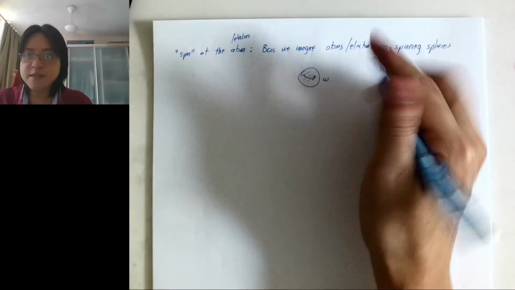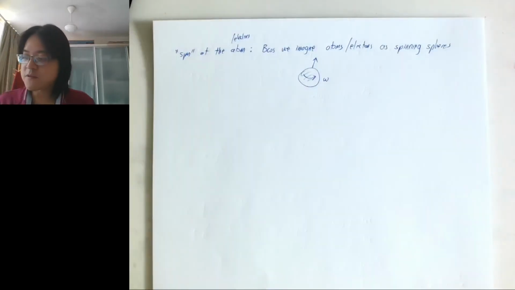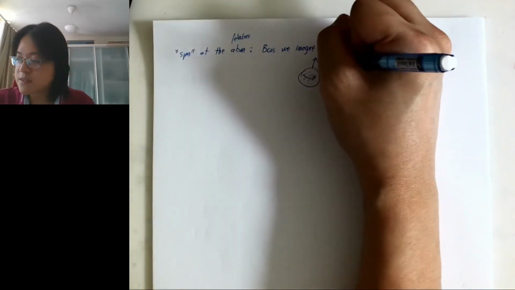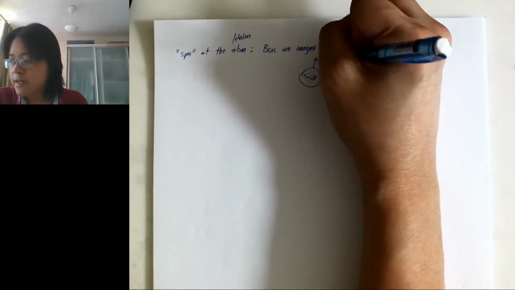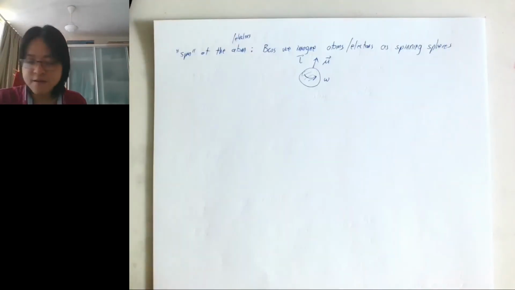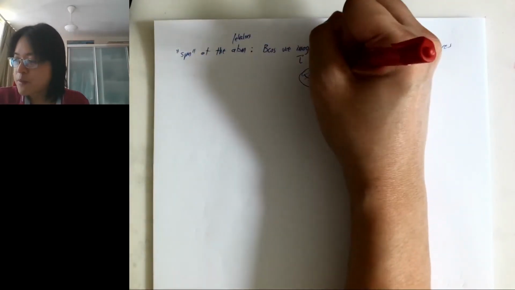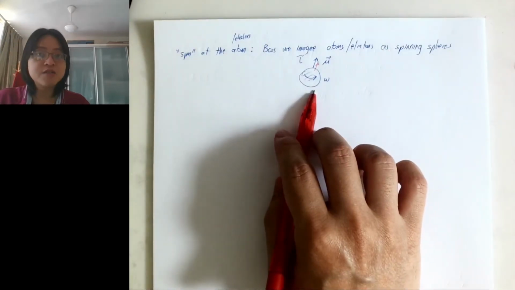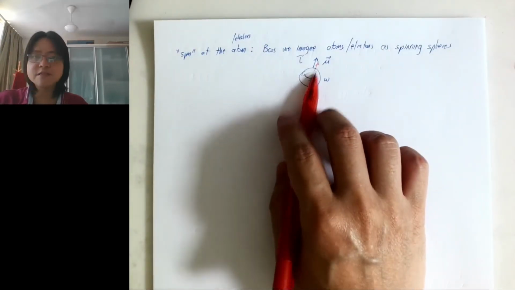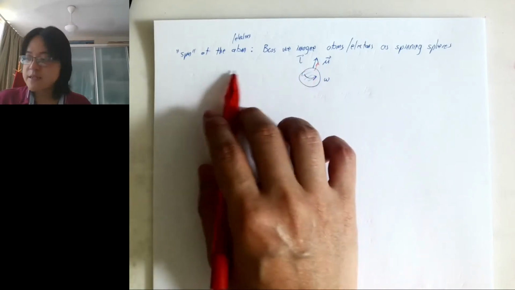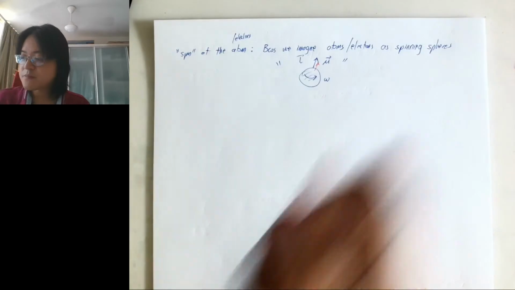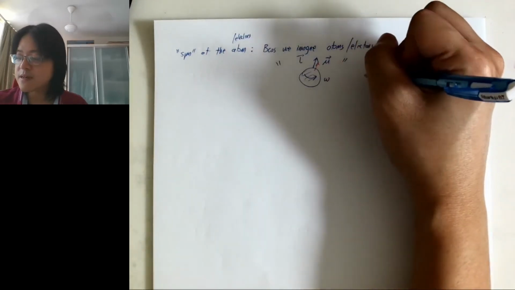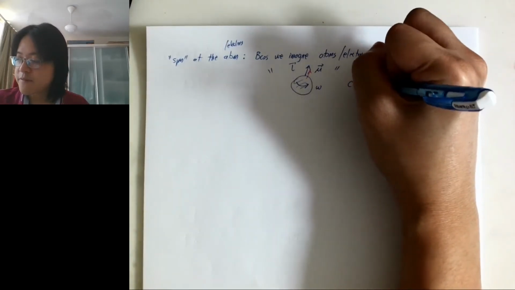Once it has spin, it's going to have some axis of rotation, and because of this axis of rotation, a spinning charged sphere will have a magnetic dipole moment. Electron carries charge, it will have this. Protons carry charge, they have this. But this is just the imagination, so I put this in quotes. We call this a very crude model.